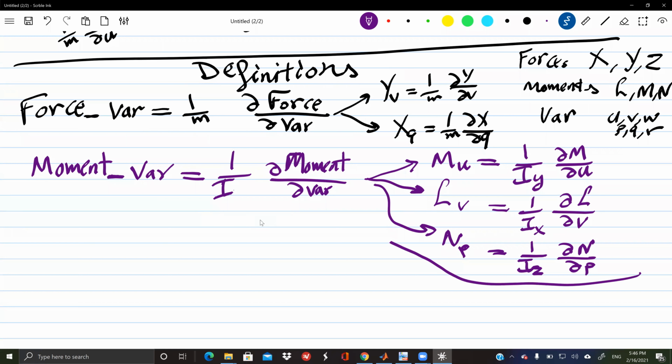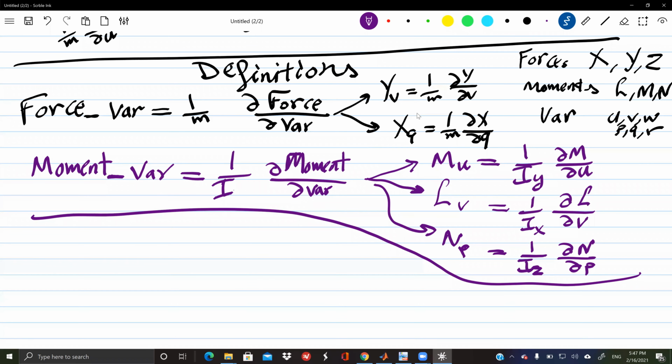So we define the stability derivatives, but as you guys know, these stability derivatives are dimensional, right? Look at one of them, M_u, for example. I'm dividing a moment by speed and then dividing by mass moment of inertia. Moment by moment of inertia gives you angular acceleration, like radians per second squared, and you divide by speed, so the result is dimensional.